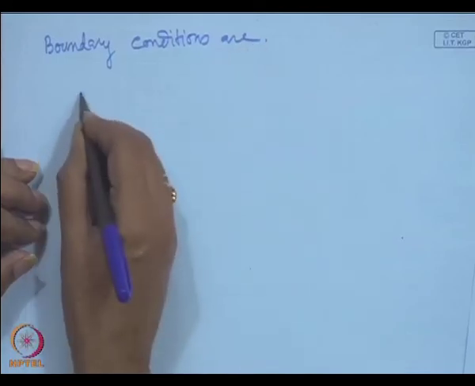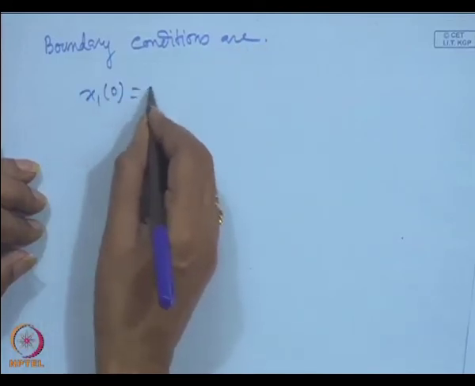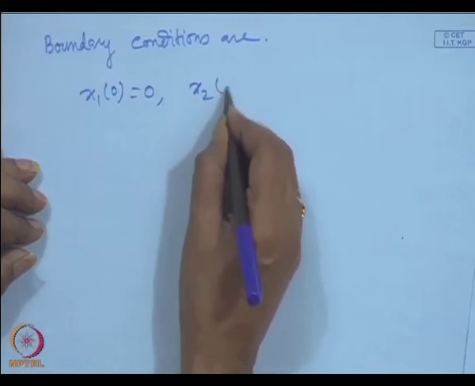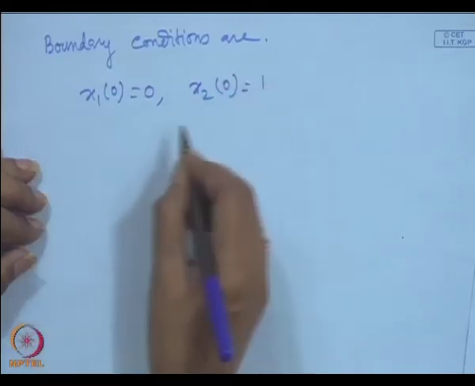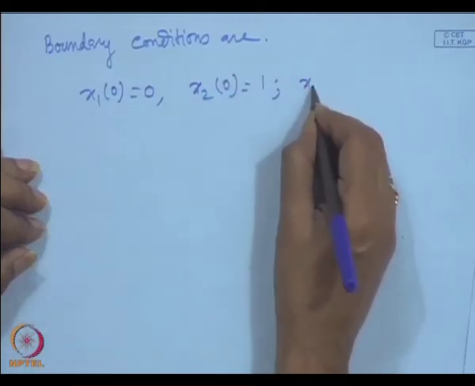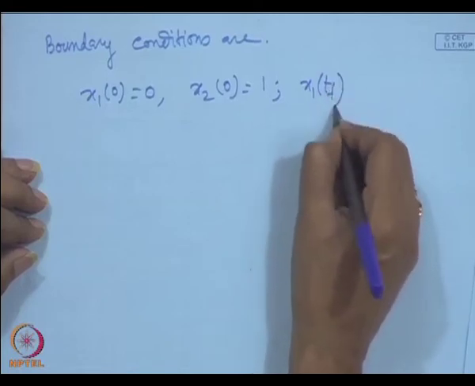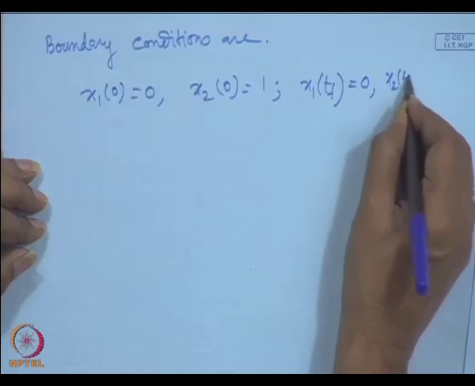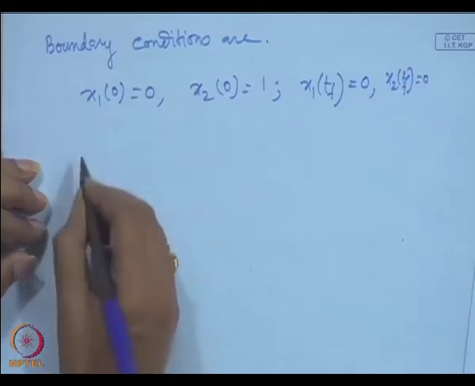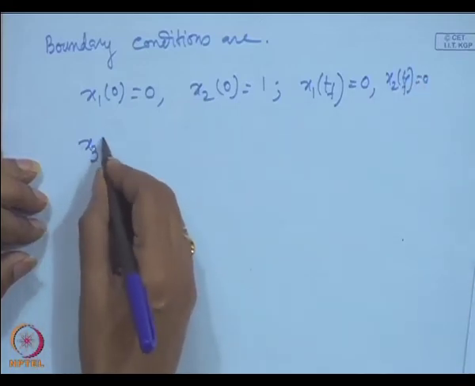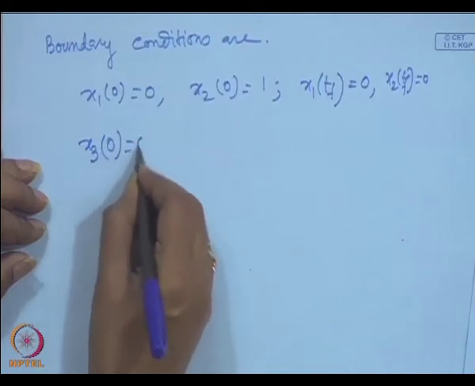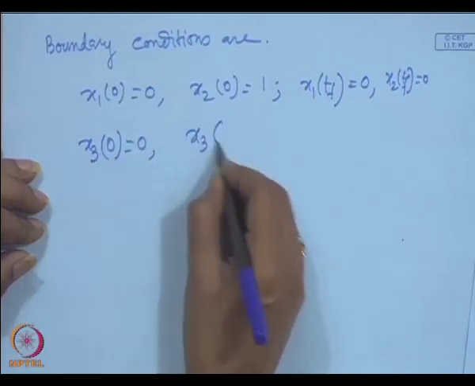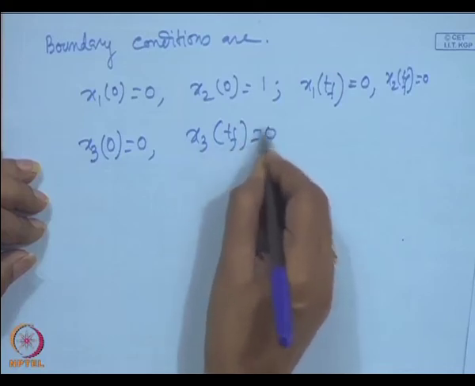Boundary conditions are x 1 of 0 is 0 given, x 2 of 0 is 1, the initial condition is given, then we want to drive the state x 1 at T f is equal to 0, x 2 at T f is equal to 0, then x 3 state at 0 is equal to 0, x 3 at T f is equal to 0. This is the boundary condition.